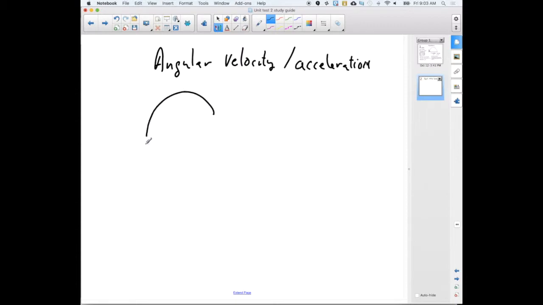Suppose I have an object that's going around in a circle, maybe a record player, and I want to describe the motion of the record player itself. One thing I can talk about is the fact that a typical record player is 33 1/3 RPM, 33 1/3 revolutions per minute.